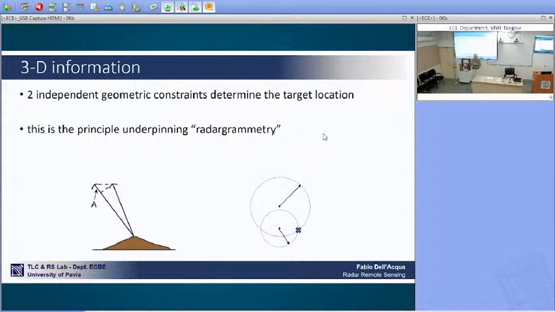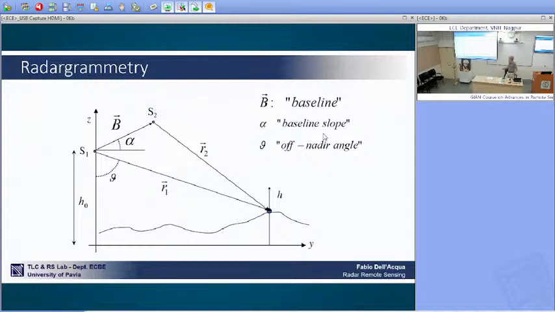Okay. So theoretically, I can schematize it like this. One pass of the satellite, the second pass of the satellite, I can clock the distances, and from this geometric configuration, I can compute the location of this point which is being observed.